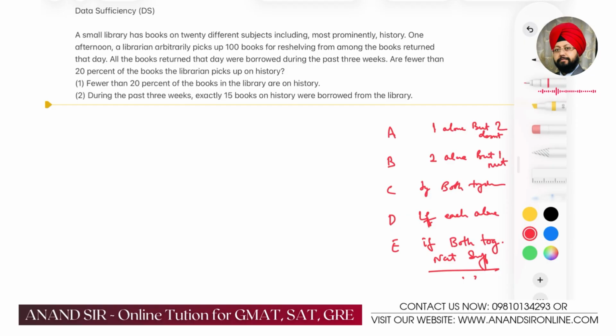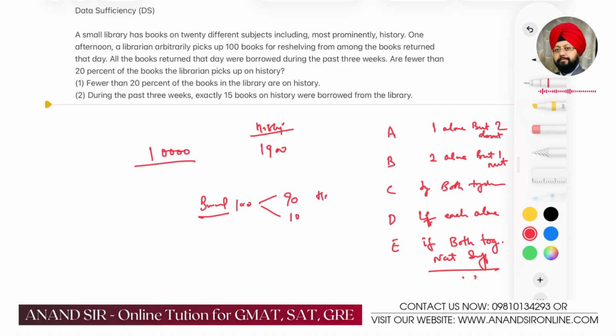If say we have 10,000 books in the library and less than 20% are on history, as the first option says, let us suppose 1900 books are on history. Now if you borrow 100 books and out of that 100 books 90 are on history, it can be 90 on history, it can be less than 90 on history.